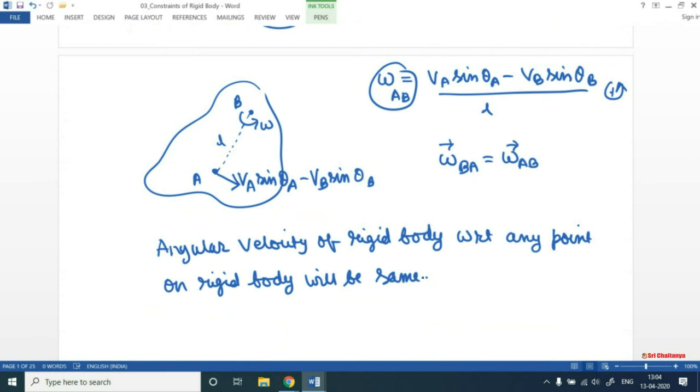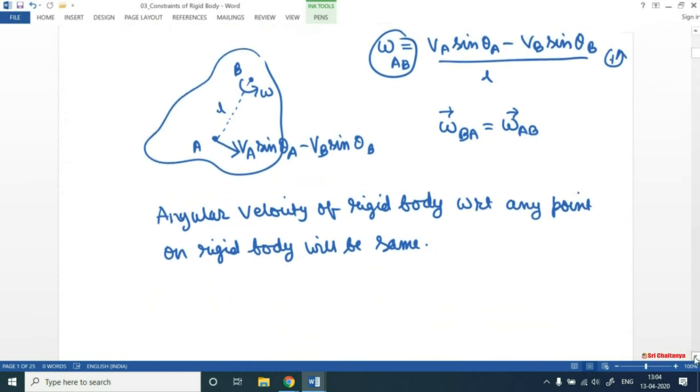So it is not necessary to mention about which point on the rigid body we are finding the angular velocity. Later on we can simply say that the angular velocity of this rigid body is this much, and we do not need to mention the axis about which we are finding it, because about any axis passing through the rigid body, it is going to be the same.